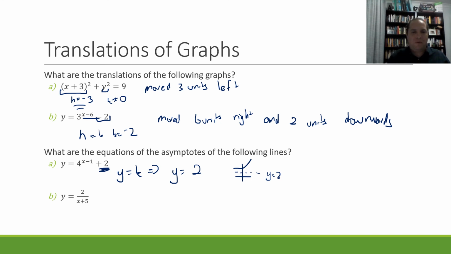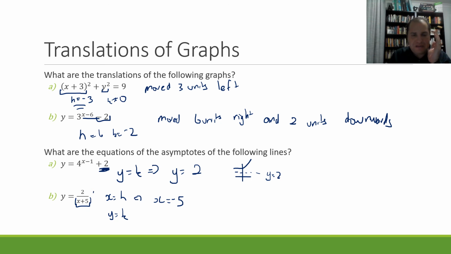And then for our rectangular hyperbola, this one here, our asymptotes are x equals h and y equals k. Looking at this, our h value is with this x term in brackets, so it's the opposite sign, so x equals negative 5.